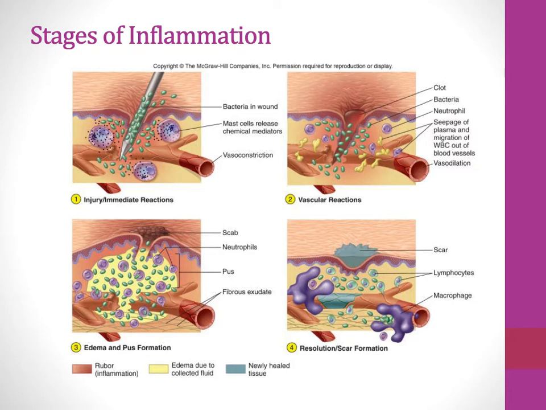Okay. As inflammation progresses, you're going to have some swelling in the area, or edema, because of that vasodilation, plasma and fluid from the blood can leak into that area. We also have all these cells that have entered into the area that are metabolically active.